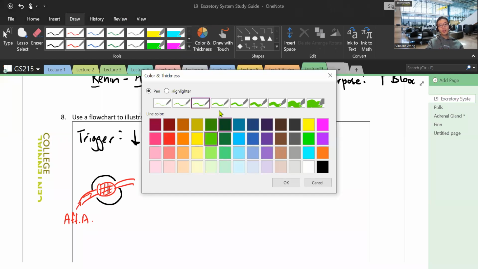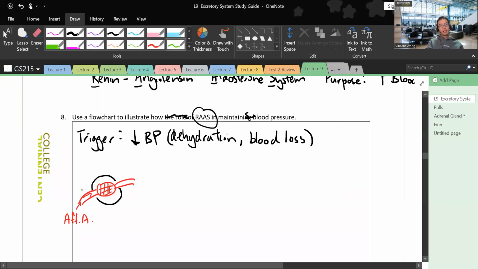What's new is this next thing here. You actually have some special cells over here. And for simplicity, I'm just gonna call it the JGA. Okay. Juxtaglomerular apparatus. It's in your notes. Apparatus means a group of cells that are located next to the glomerulus. Juxta is next to. Juxtaglomerular apparatus, or JGA.